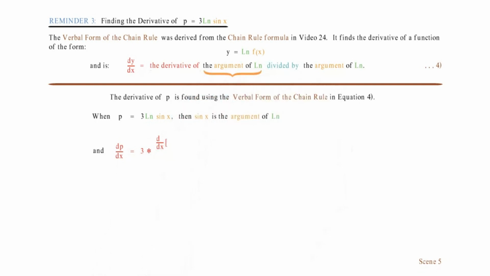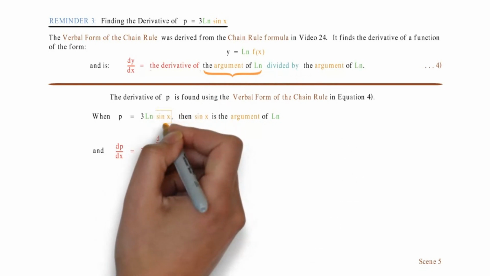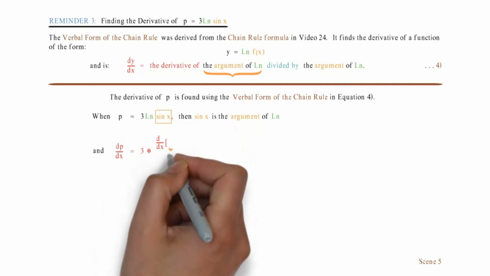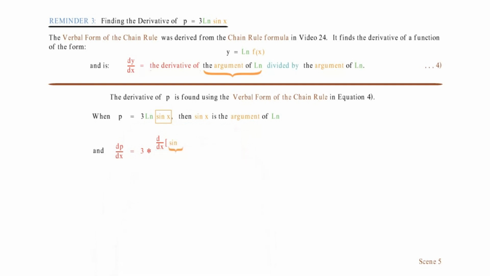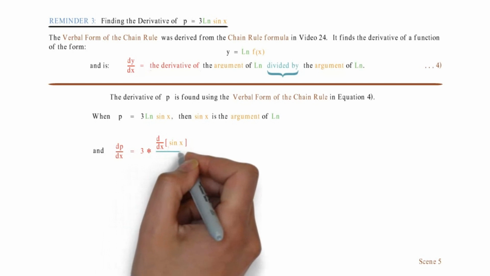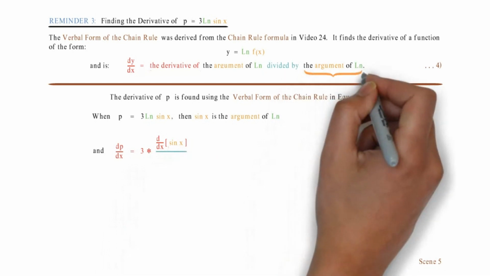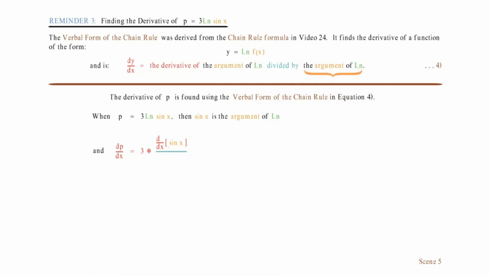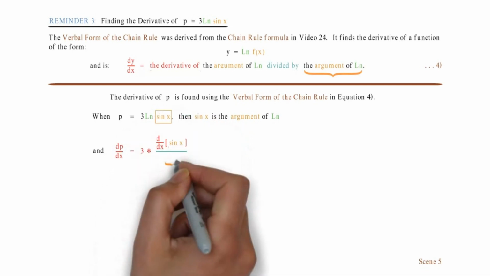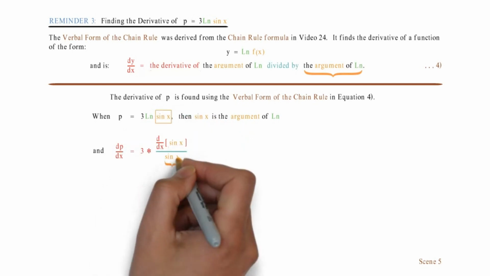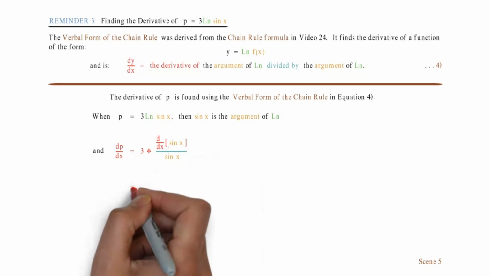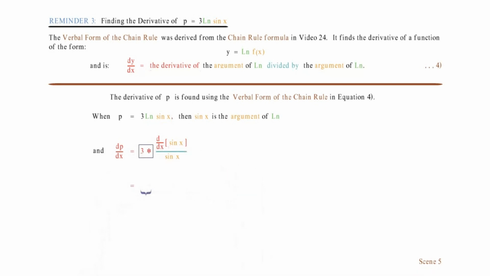The argument of ln is sine of x, so substitute sine of x. Divided by is divided by. The argument of ln, as before, is sine of x. Bring down 3 times.